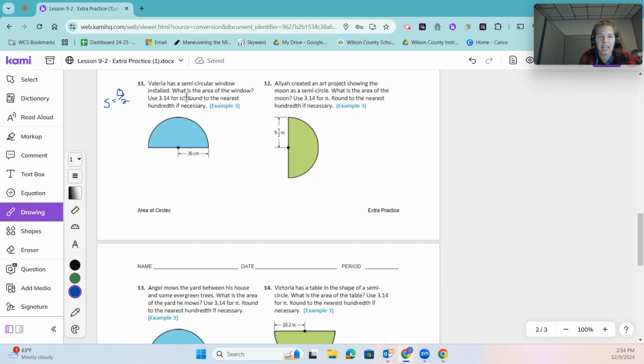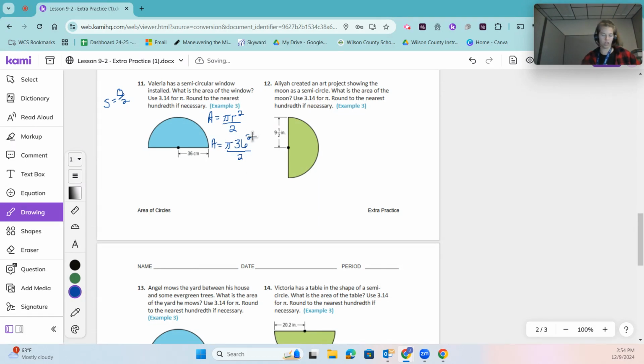So area is pi times radius squared. So area of your semicircle is going to be still that same pi times radius squared, but we're going to divide it by 2 again, like I talked about here at the beginning. So area equals pi times 36 squared divided by 2.